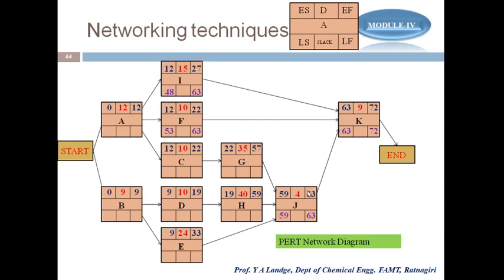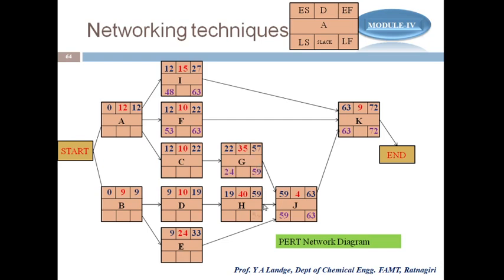Now again go in the backward direction. G, H and E are the predecessors for J. Here for E, what I have to take is the latest start of J, which is 59. So I just take it. For G it is 59, see here it is 59. Then 59 minus 35 gives 24.